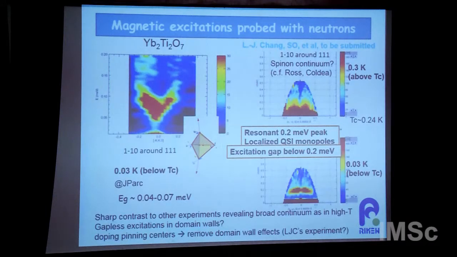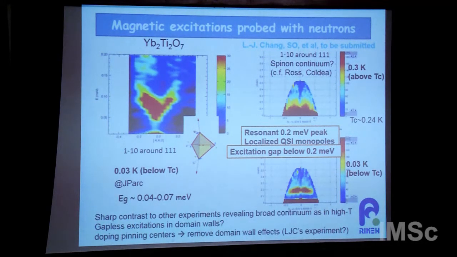And recently, an amazing experiment has been done at J-PARC in Japan. They observed a low energy mode, which goes to 0.04 or 0.05 meV, even below the 0.2 meV excitation for the Higgs mode.